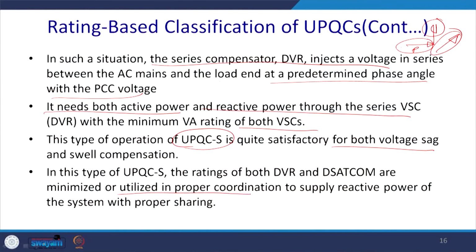So, utilize it in a proper condition to supply reactive power of the system for proper sharing of the rating of the D STATCOM and the DVR. This flexibility is possible. So, let us see how it operates.